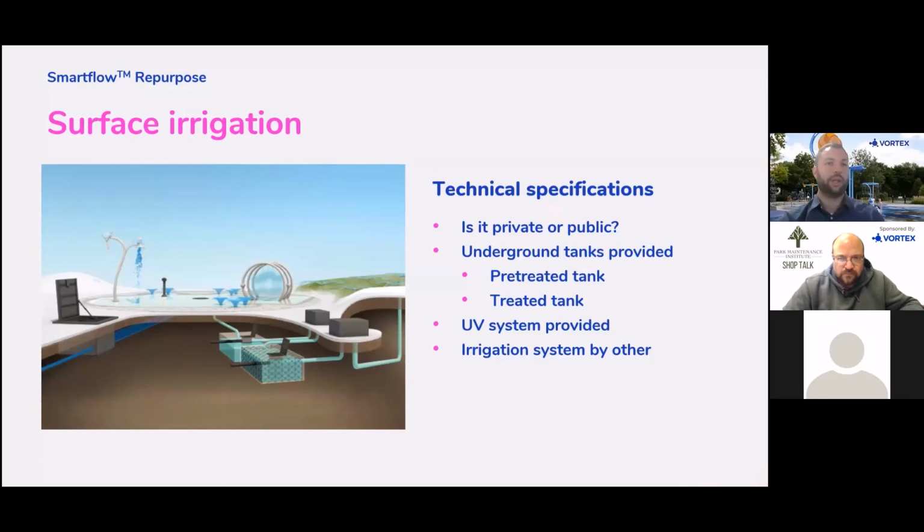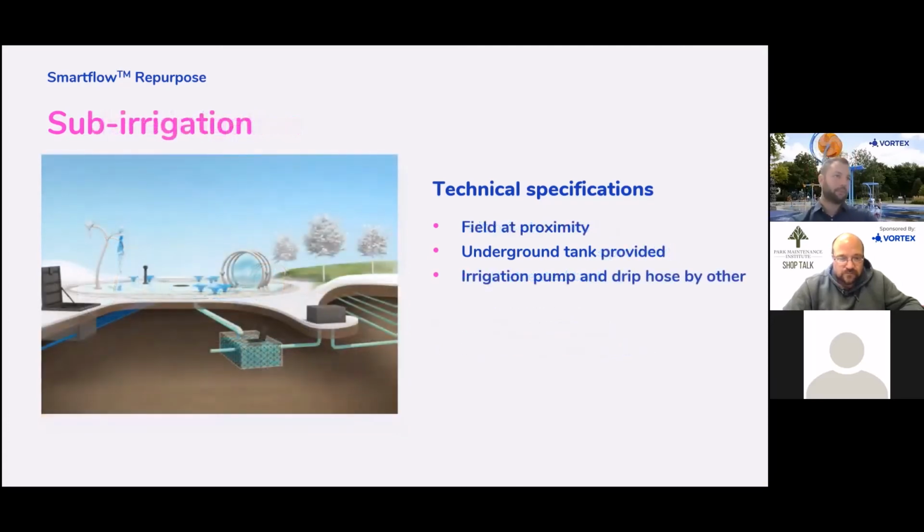But it's important to know that if it will be a public or a private space, UV will need to be used to disinfect that water before it's able to be sprayed above grade. So we don't want to be spraying gray water onto, even though that's not likely, it's still possible, we don't want to be spraying gray water onto anybody.